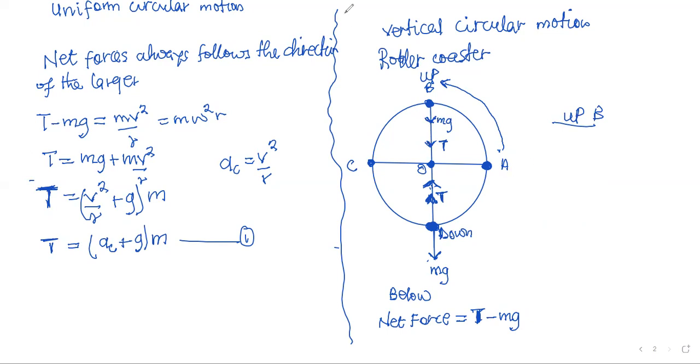Leslie, you help me. When the object is above here, what will be the expression for the net force? Please, I think it will be T plus mg. Exactly, because, Leslie, what is your reason?